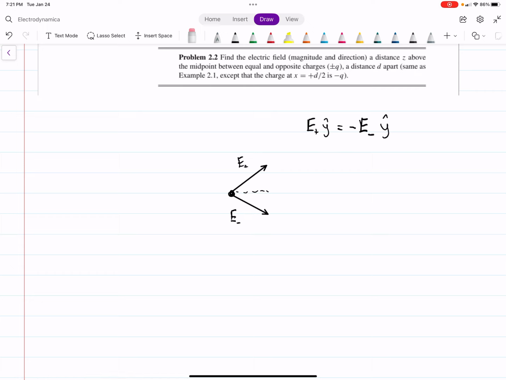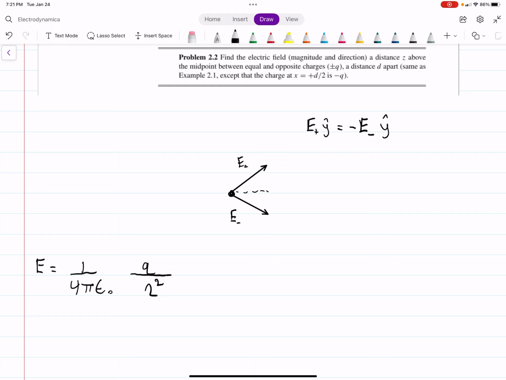So our equation for an E field is, in general, 1 over 4 pi epsilon naught, and then you have whatever charge it is we're interested in, q, and we're dividing by script r squared.